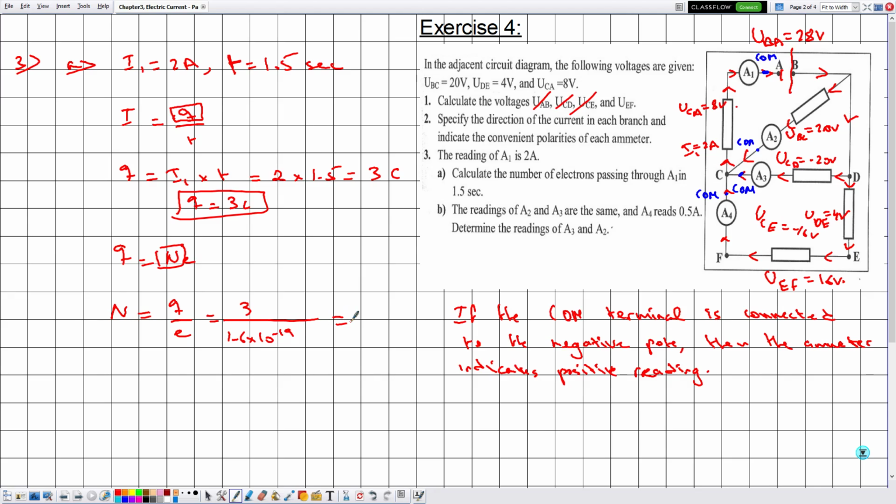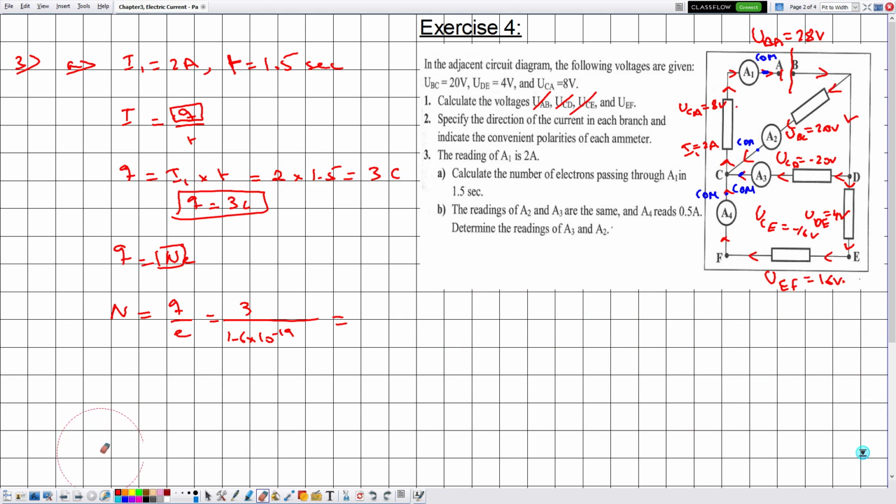Plugging this fraction into the calculator, the value of N is 1.875 times 10 to the power 19 electrons.